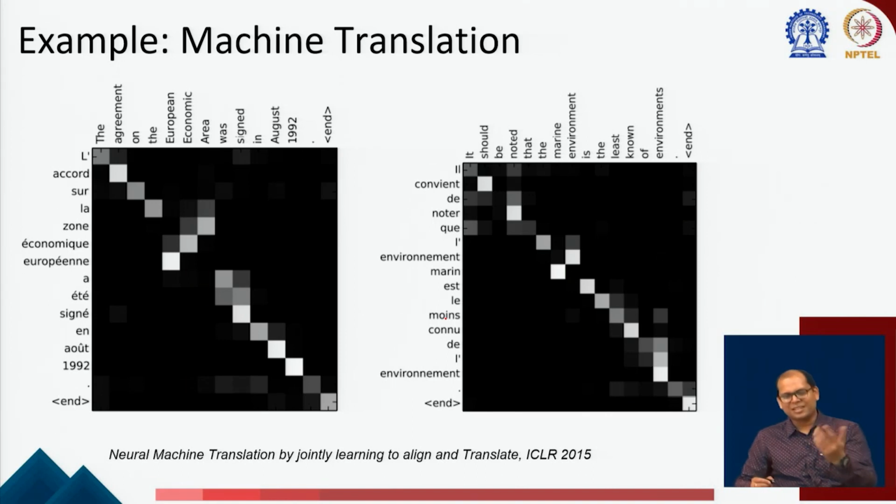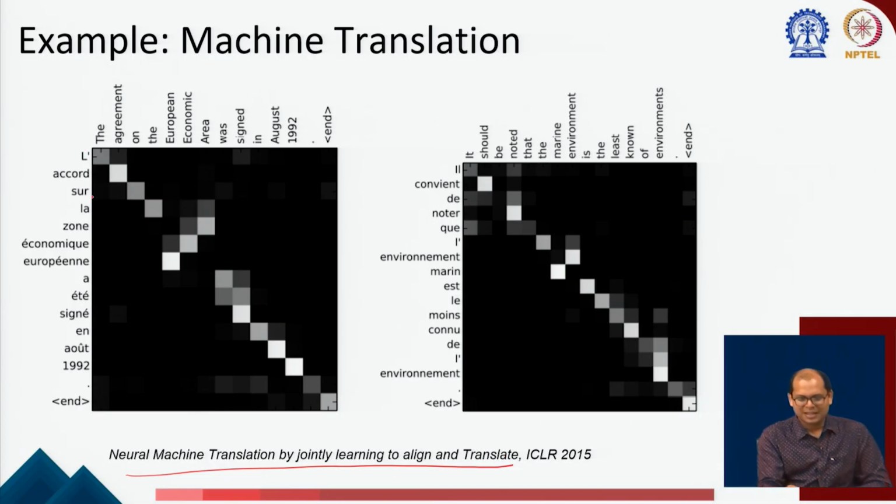Okay. So, here is an example that people have seen in the paper, Neural Machine Translation by Jointly Learning to Align and Translate. They tried multiple sentences. Let us look at this sentence. The bright spots are the places where, while generating this word, it had put the maximum attention. Because attention has weights, you can see which word had the maximum attention. So, agreement had the maximum attention on accord, which makes sense.